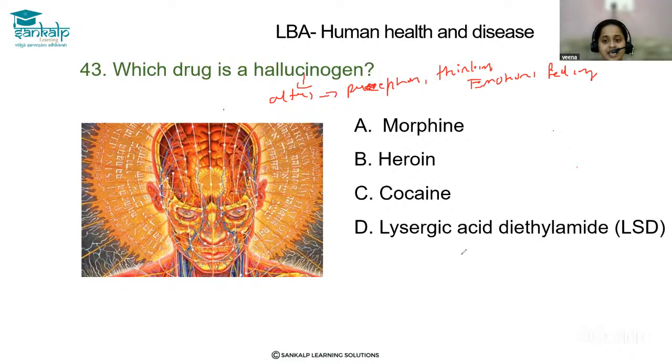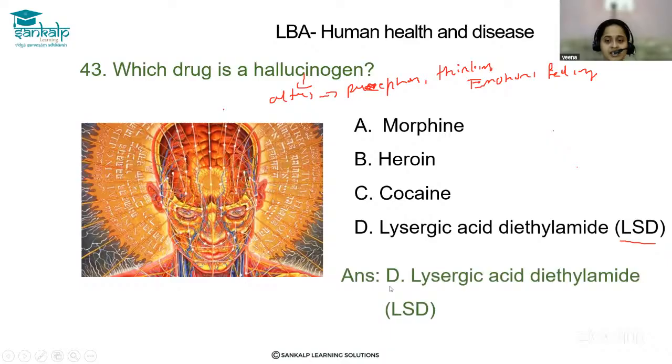But there is a drug called lysergic acid diethylamide, so that is called LSD, and that acts as a hallucinogen. So the correct answer is option D, lysergic acid diethylamide, LSD.